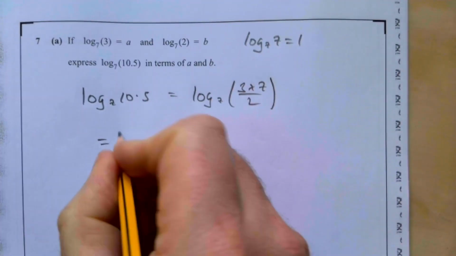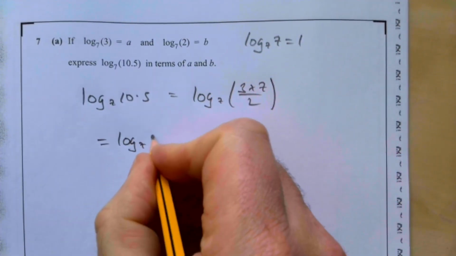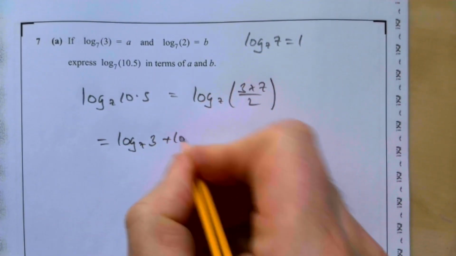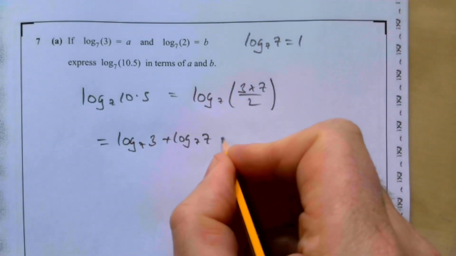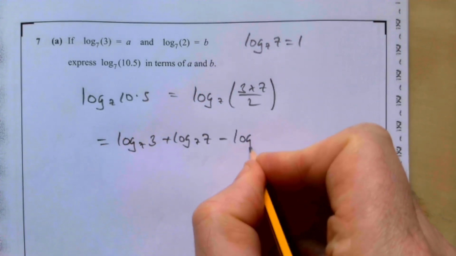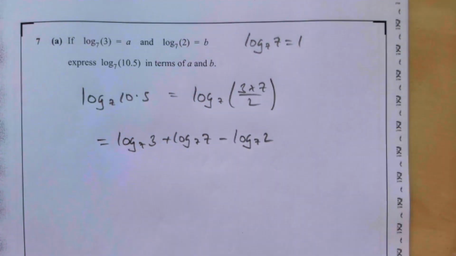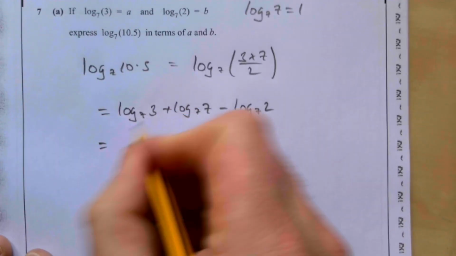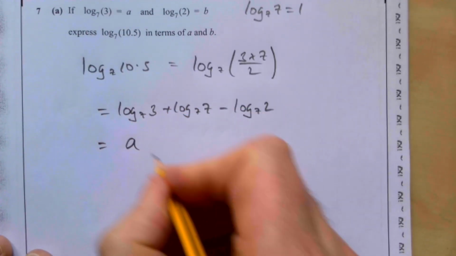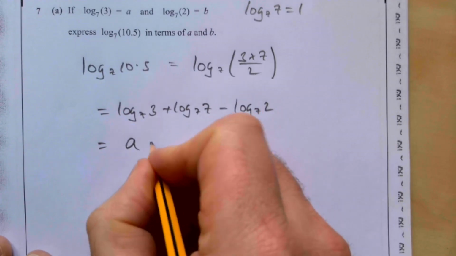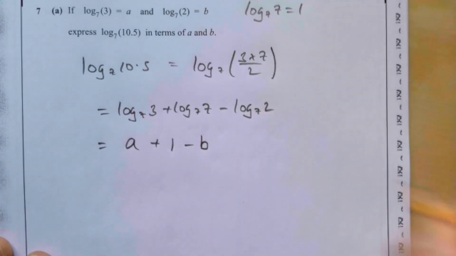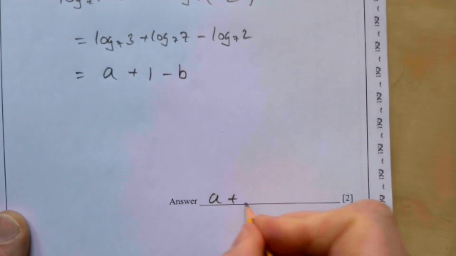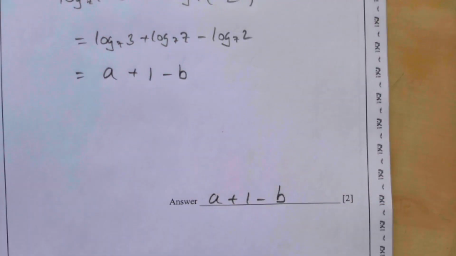Using our laws of logs, that's the same as log to the base 7 of 3 plus log to the base 7 of 7, take away log to the base 7 of 2. Log to the base 7 of 3 is a. Log to the base 7 of 7 is 1. And then minus b. So my answer is a plus 1 minus b.